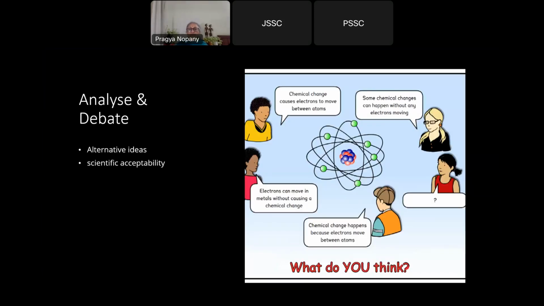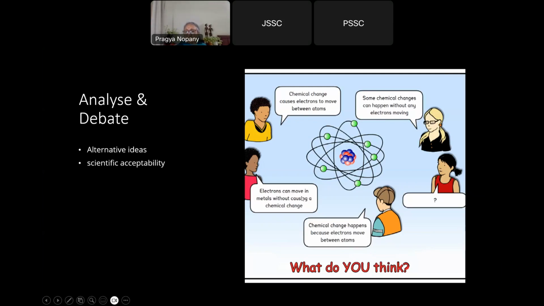Now, analyze and debate different ideas and test their scientific acceptability. Now, look at this concept cartoon. One person says chemical change causes electrons to move between atoms. Another one says some chemical changes can happen without any electrons moving. Fourth person says chemical change happens because electrons move between atoms.